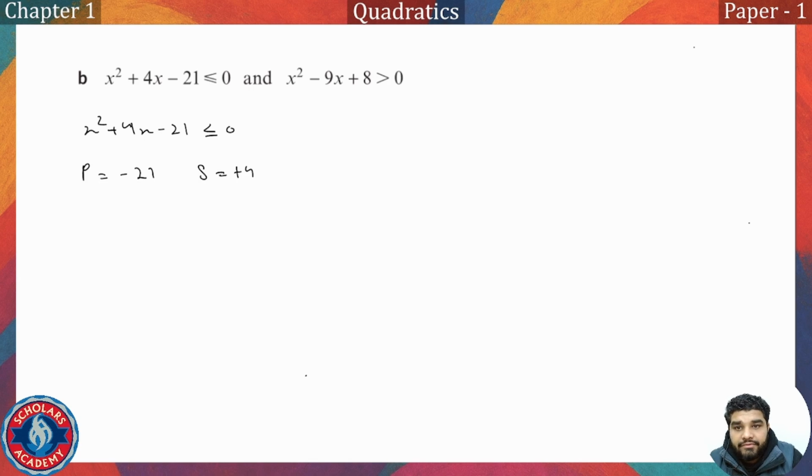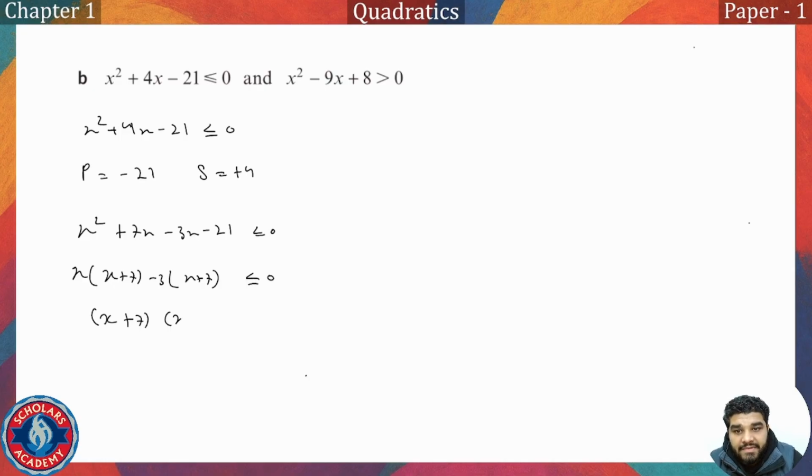Now if I split this middle term, I get x square plus 7x minus 3x minus 21 is less than or equal to 0. I take x common, x plus 7, minus 3 common, x plus 7 is less than or equal to 0. (x plus 7) and (x minus 3) is less than or equal to 0.